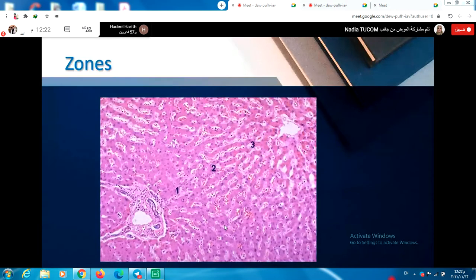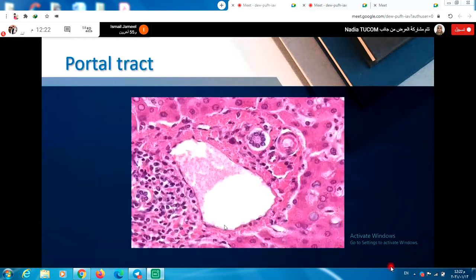Put in mind that hepatic impairment or hepatic failure signs are derangement or impairment of normal physiology of the liver cells. Okay.